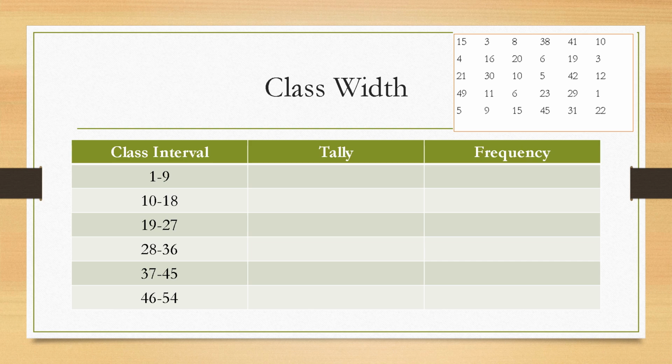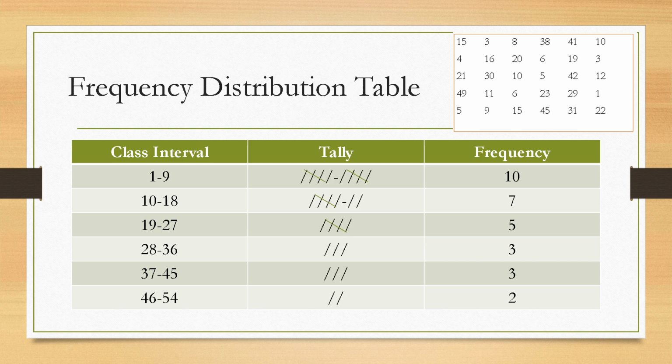Since the class interval is complete, we are now going to count the number of data using tally and frequency. As you can see, the data is shown in the upper right. I made a shortcut. For the class interval 1 to 9, there are 10 scores, so the frequency is 10.